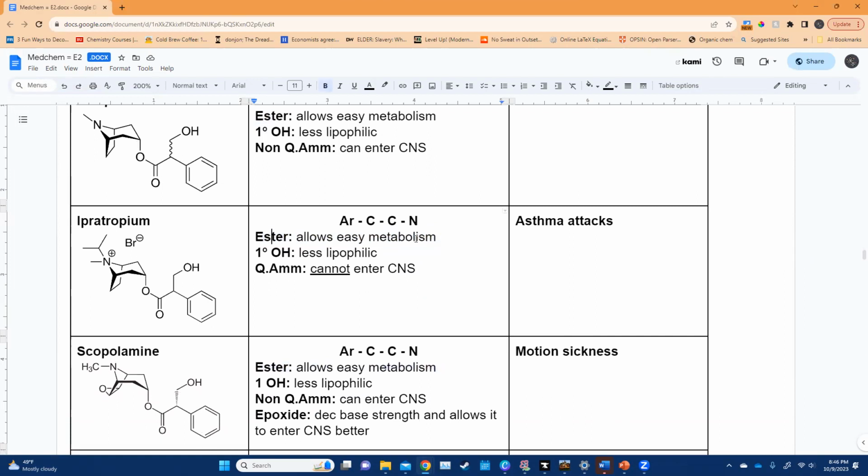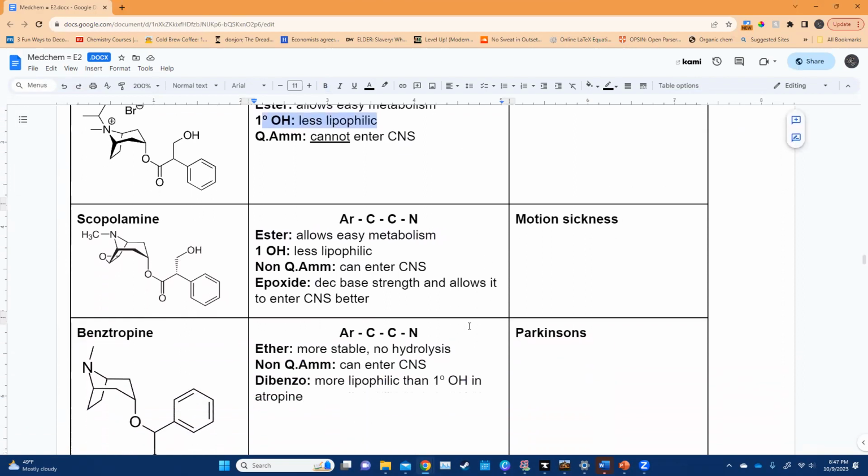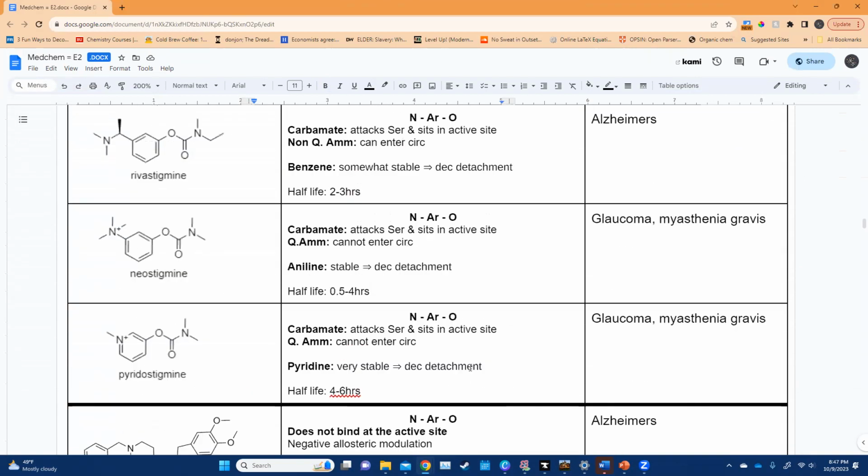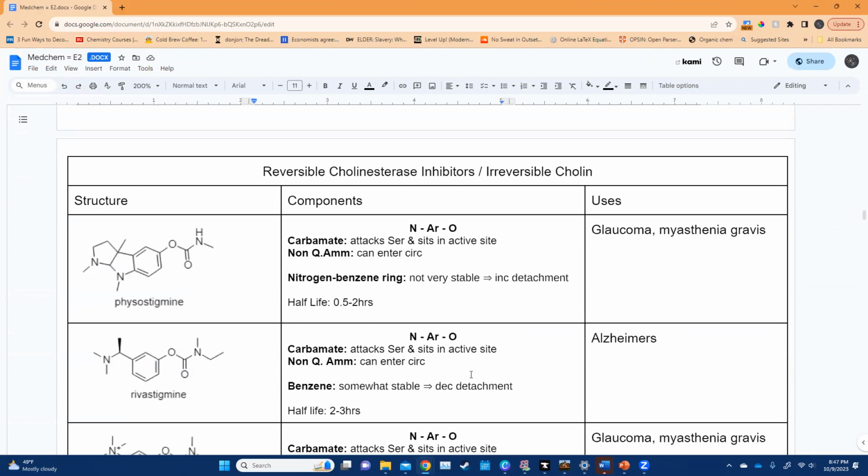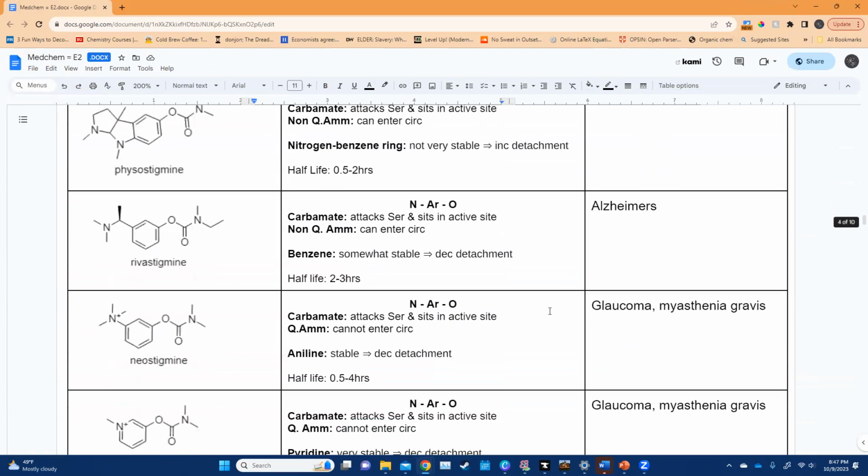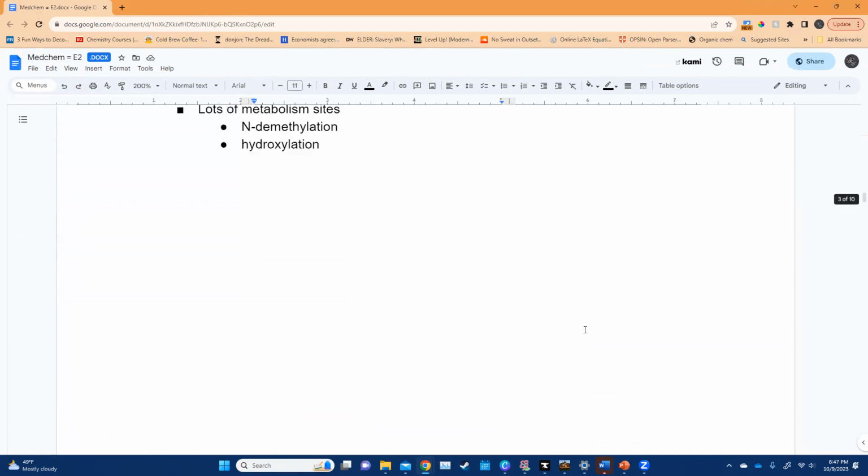Esters, easier metabolism. Having a primary alcohol, less lipophilic. It's not so important to memorize what one functional group does in one drug, but more how we compare and contrast those drugs over a group.